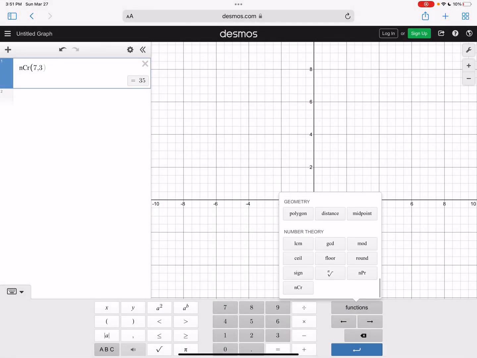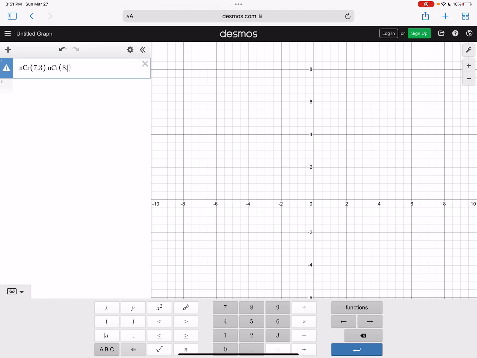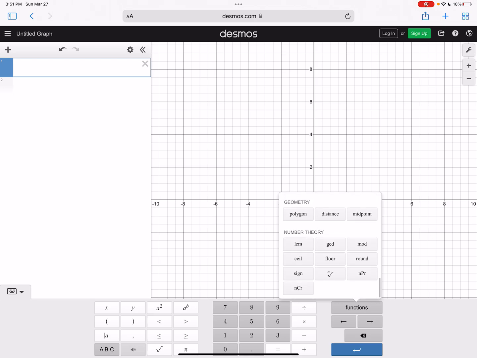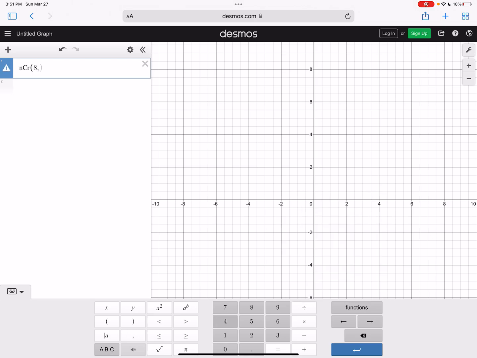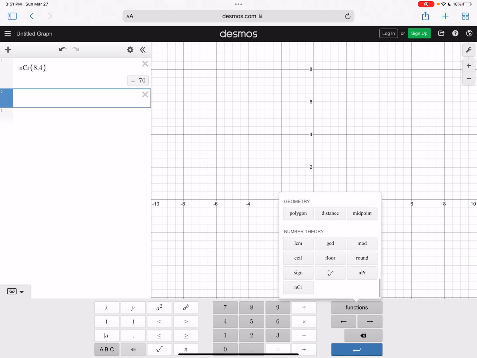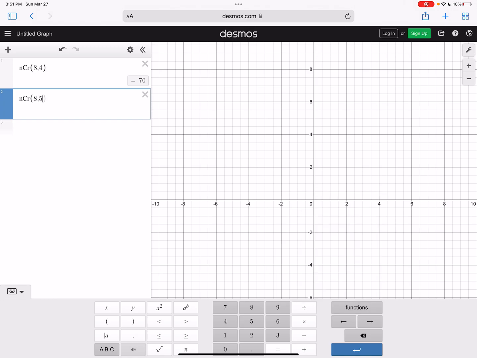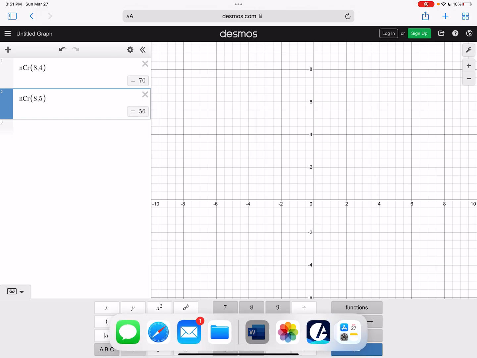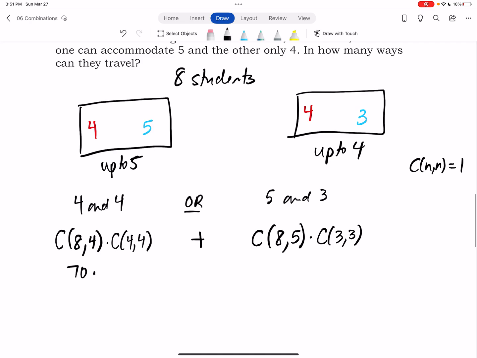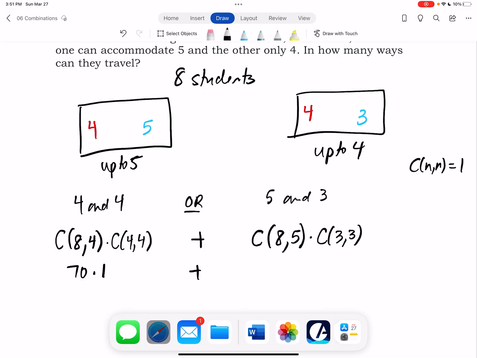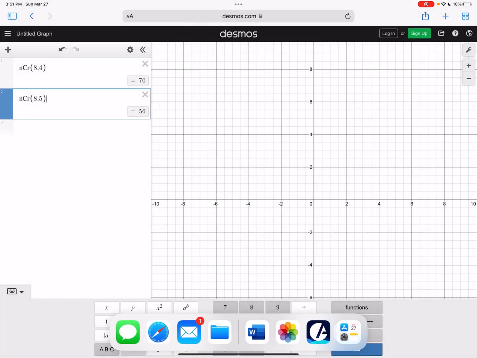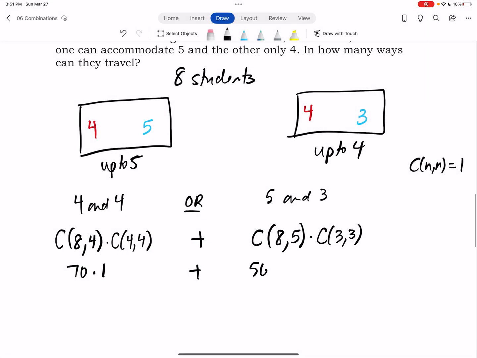So combination 8 comma 4, and then I want to do combination 8 comma 5. So if I'm going to put 4 in one car, there are 70 possibilities times 1. Plus, if I put 5 in one car, there are 56 possibilities times 1.